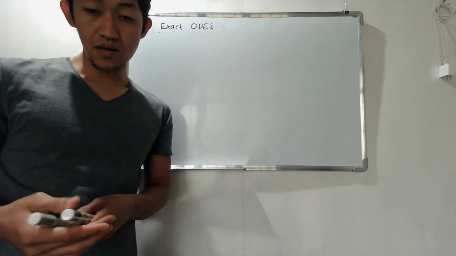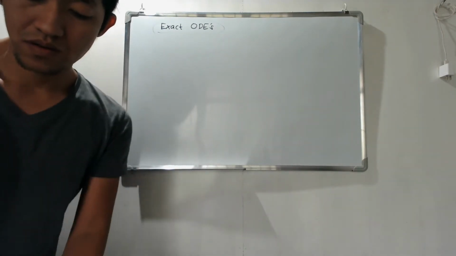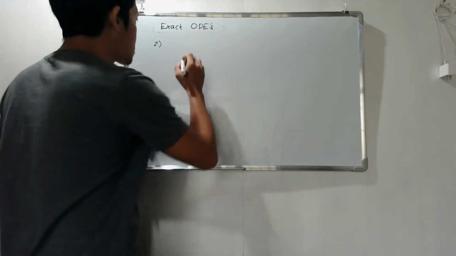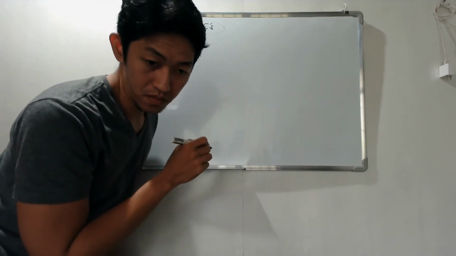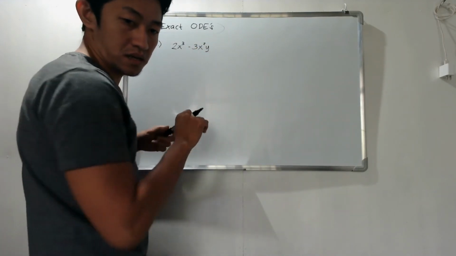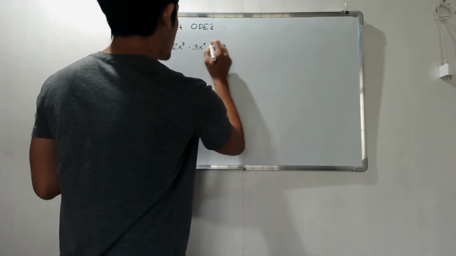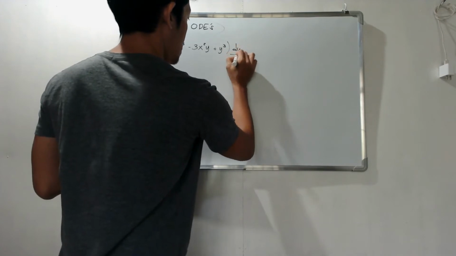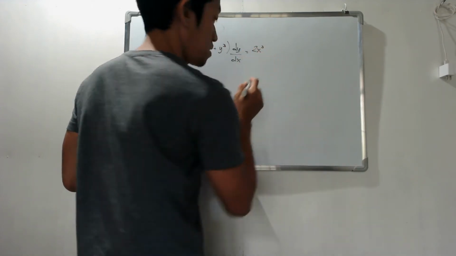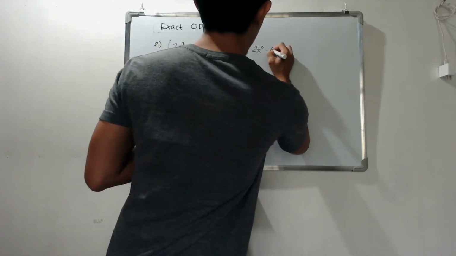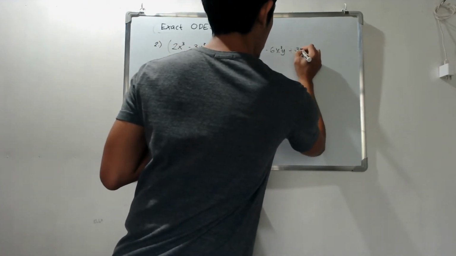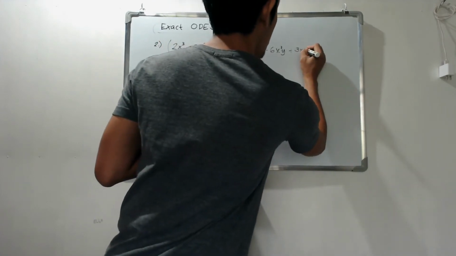Okay, let's have another example. Okay, so let's try this one: x cubed minus x squared y plus y cubed equals x cubed minus 6x squared y plus 3x y squared.